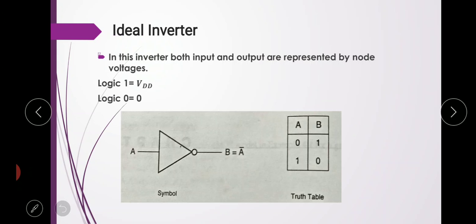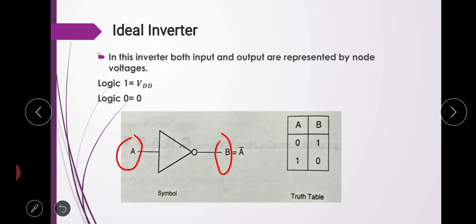So, the ideal inverter. In this inverter, both input and output are represented by node voltages. In the ideal inverter circuit, both the input variable A and the output variable B are represented by node voltages.